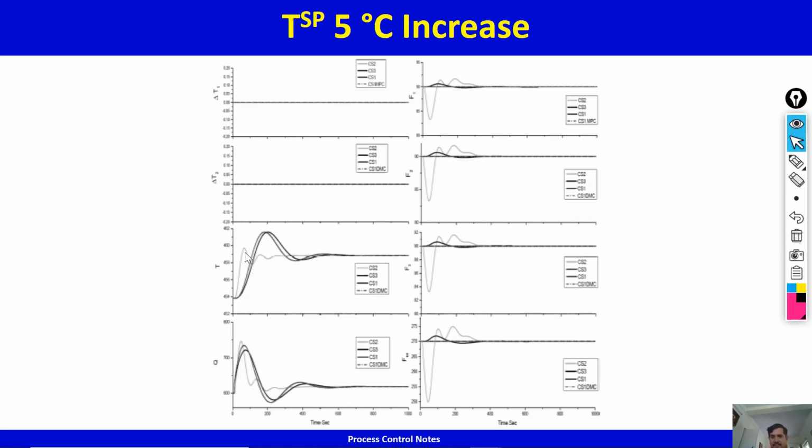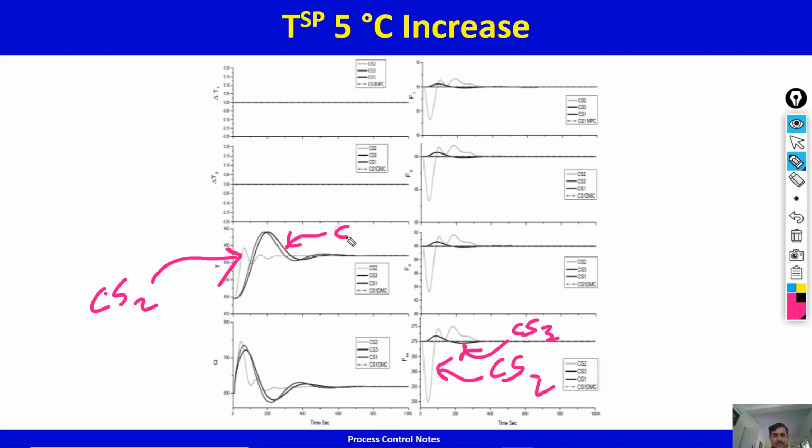You'll see that temperature control is the tightest for CS2, whereas flow control is loose for CS2. On the other hand, CS3 gives relatively tighter flow control. However, the temperature control is much looser.